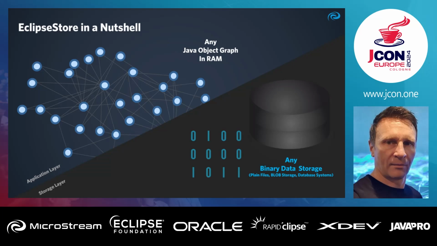We store it by creating a binary representation of your object graph, and it gets stored persistently into any data store. You can choose your data store, but it should be able to store binary data. Initially we used plain files.